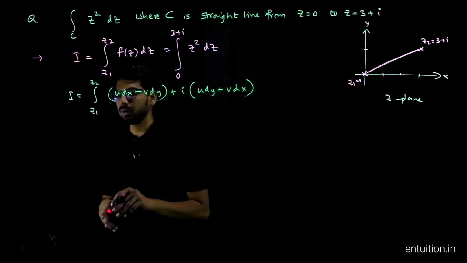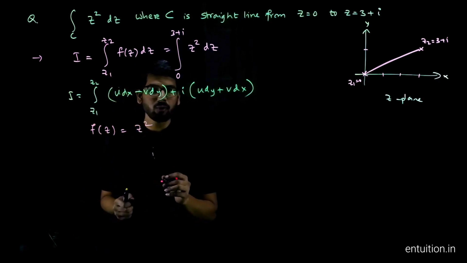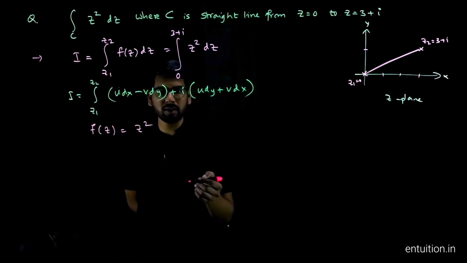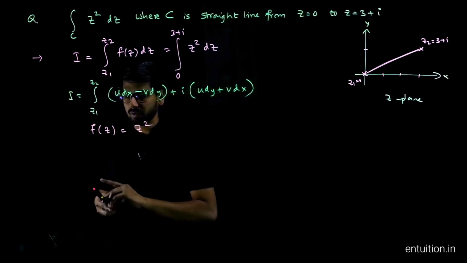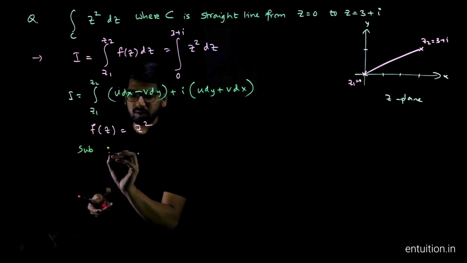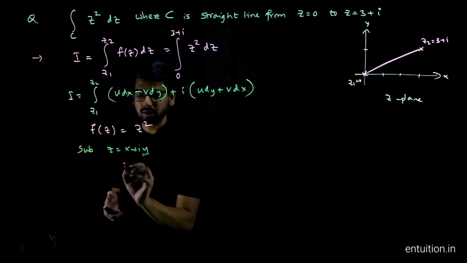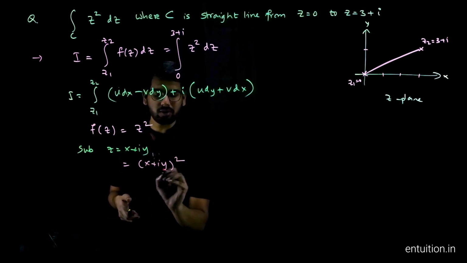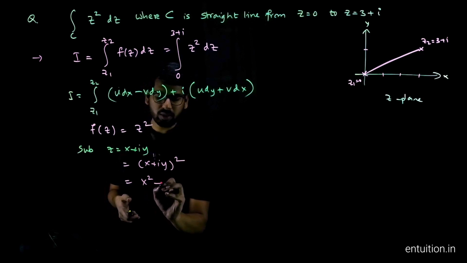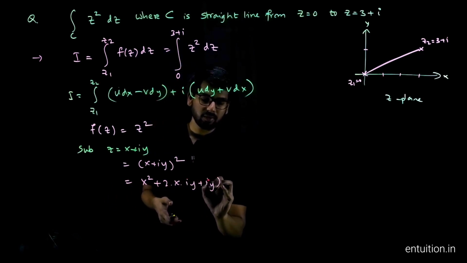We know f of z is equal to z square. How do you find u and v? We substitute z equal to x plus iy. So f of z is x plus iy whole square, which is x square plus 2 times x times iy plus iy square.